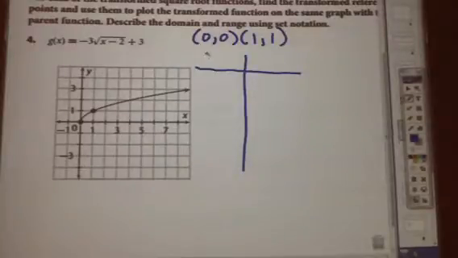So what would be happening to the x? X plus 2. Everything else out in front of the radical or after the radical happens to the y. So this would be negative 3y plus 3.